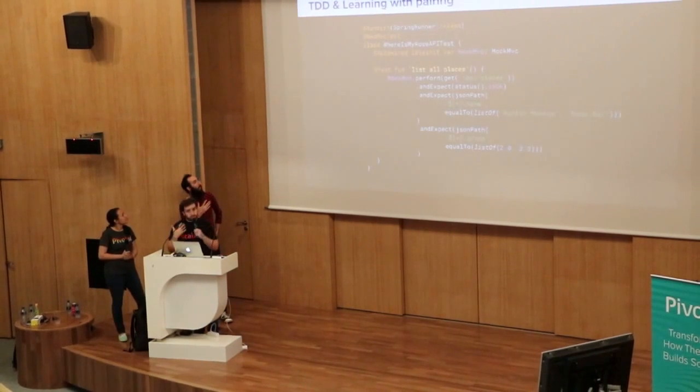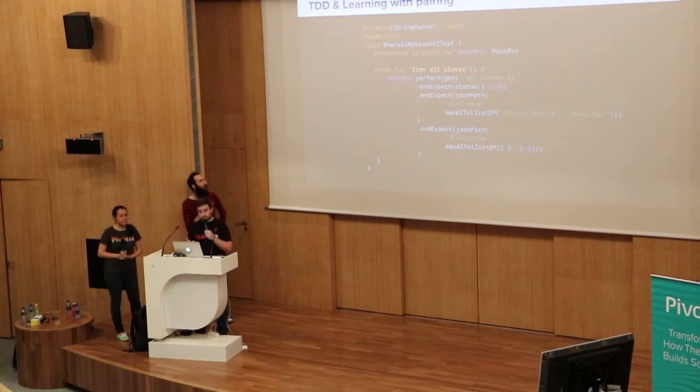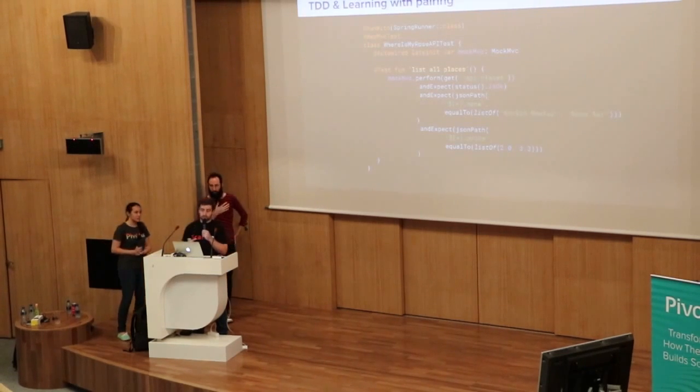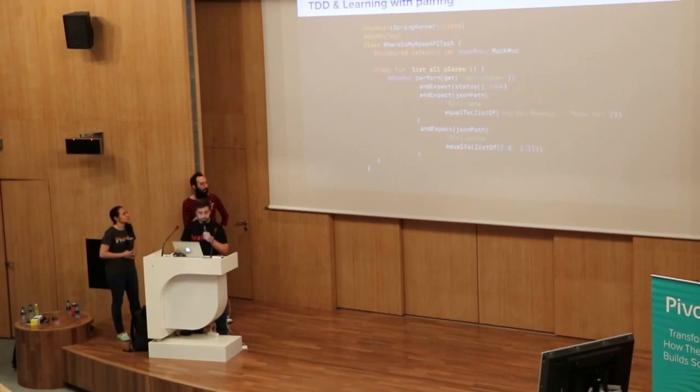So I will first want to express my intention, so I will start with the tests. The user story we need to work on is to find all the places. So that's the joy of TDD: first you make it red, so you make the test fail, and then you make sure it gets green with the minimal effort for the implementation. And this kind of transition, you use it with a test.